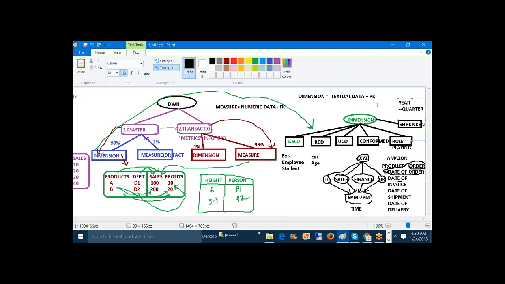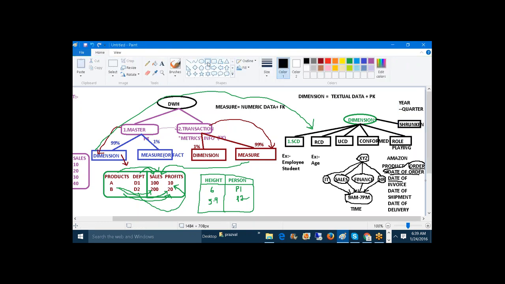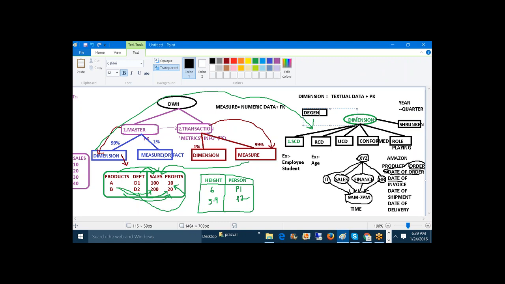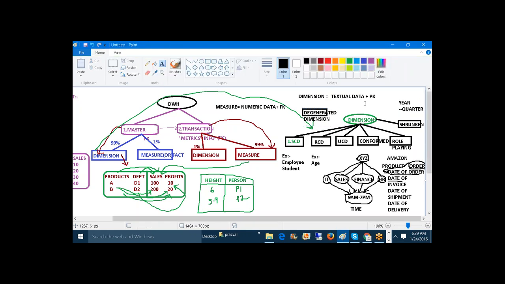Next, the seventh type of dimension is known as the degenerated dimension. So what is a degenerated dimension? Basically, what is a dimension? The dimension is a combination of primary keys plus textual data, right?